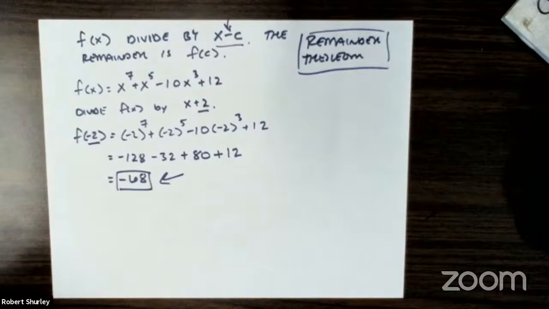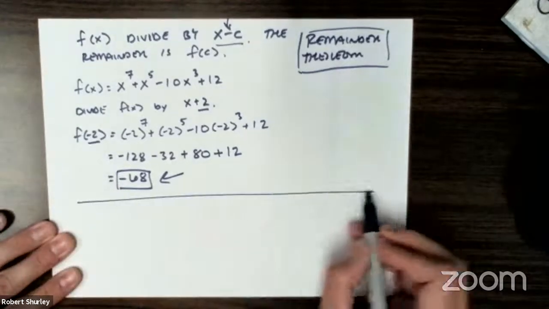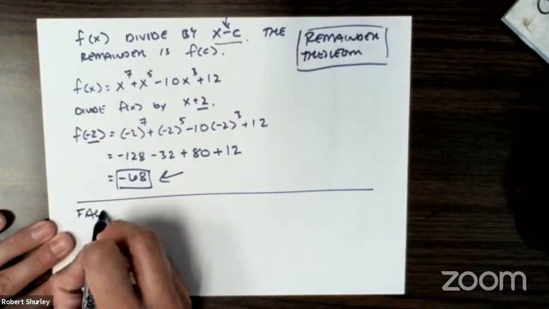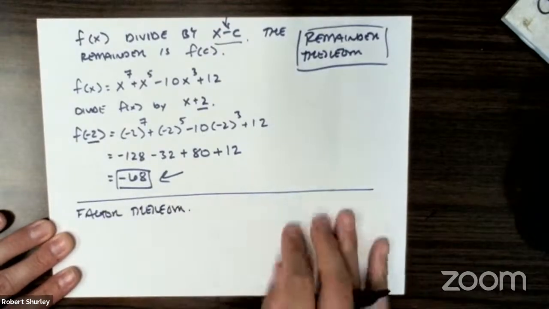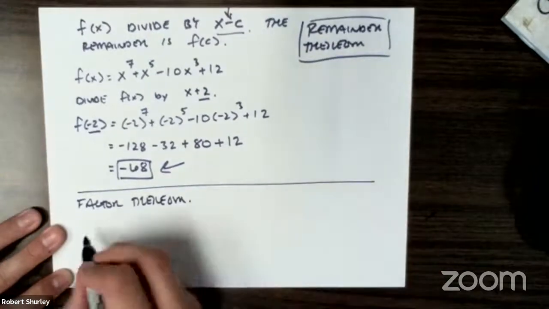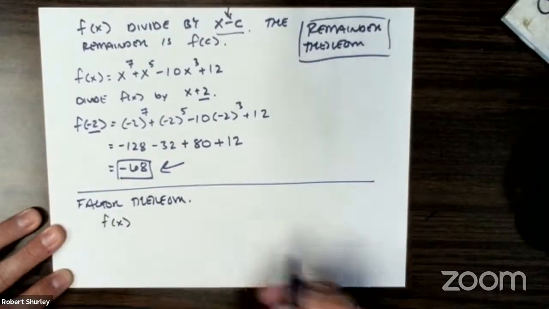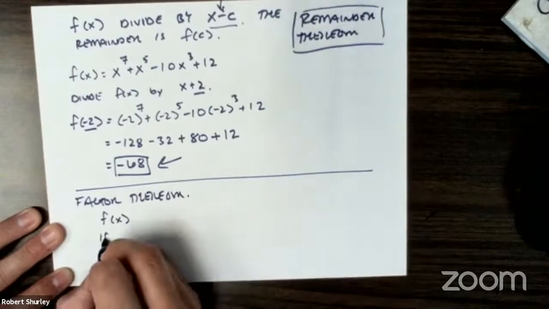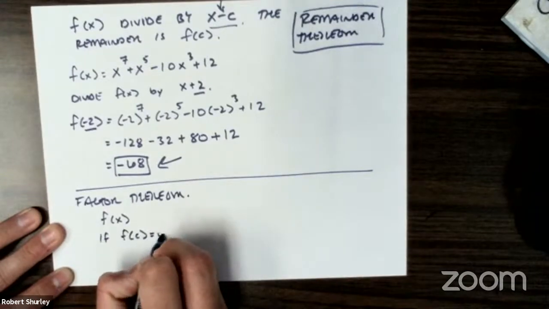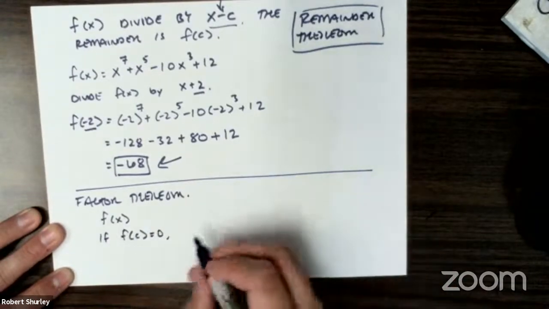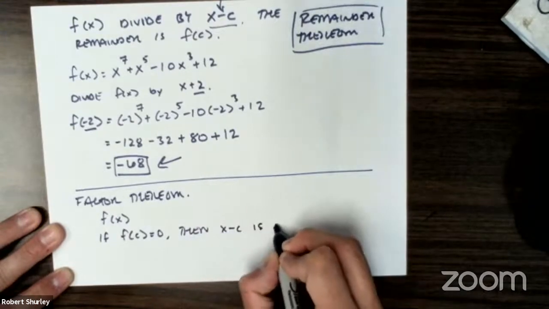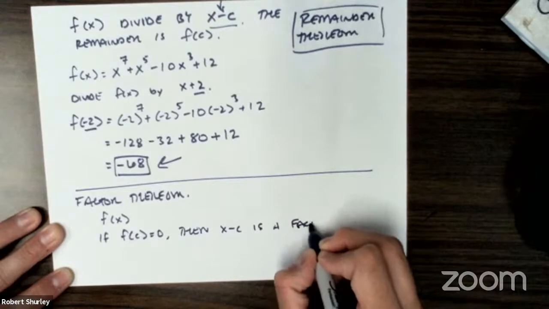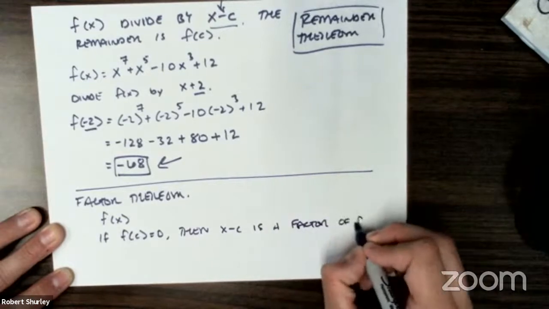And that's what the next part says. If you look on page 372, we've got the remainder theorem, and then we have the factor theorem. The factor theorem says, if we've got f of x, if f of c equals 0, then x minus c is a factor of f of x, which we know.